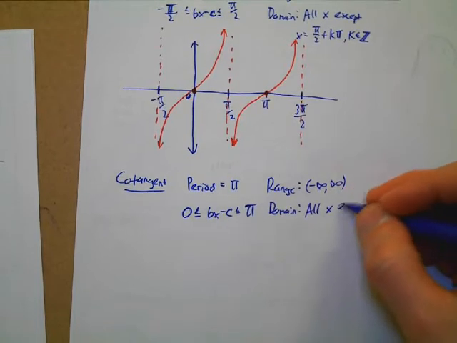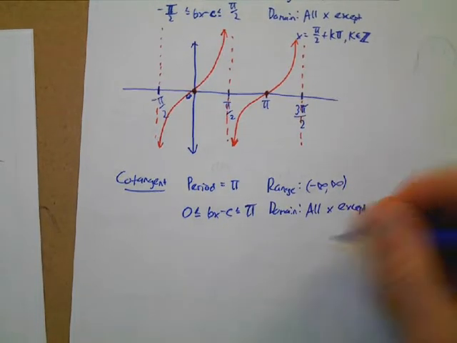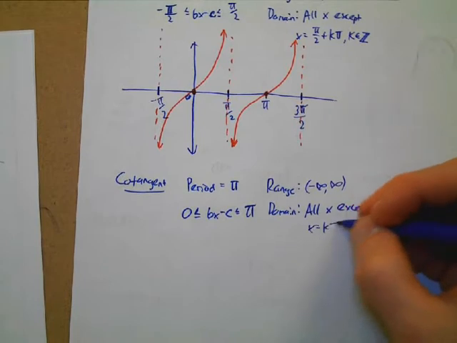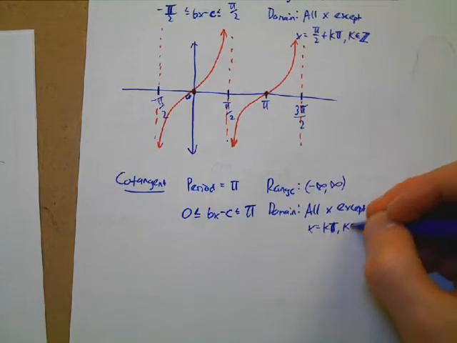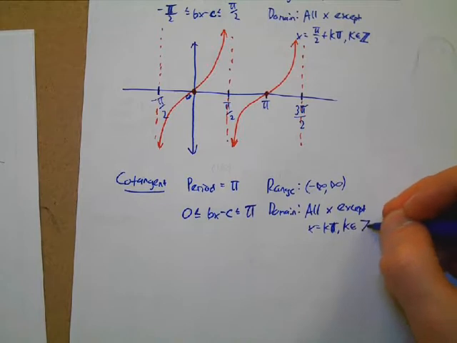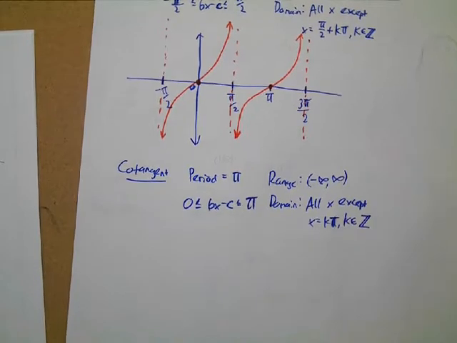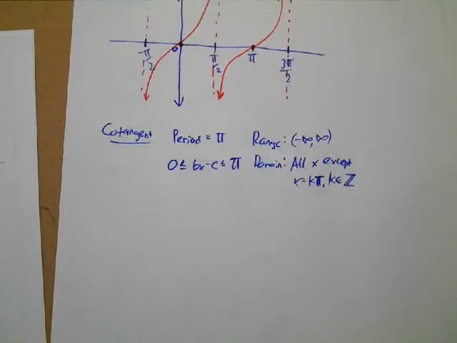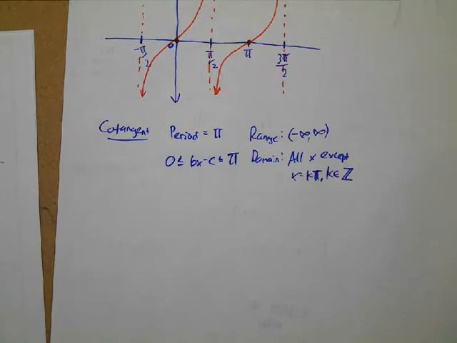And so it will have a similar graph to tangent's. Zero to pi, so there's 0, there's pi right there, and then I'll go out to, say, 2 pi right there. Again, you only need to find the halfway points.